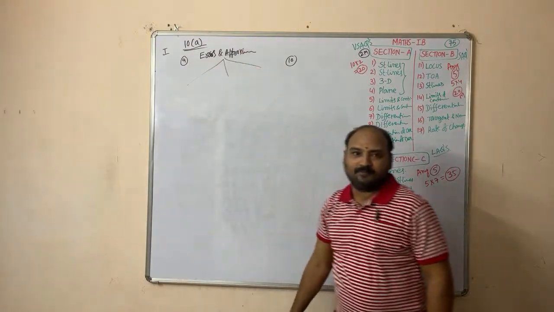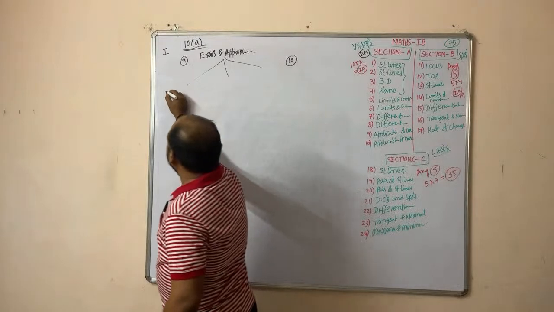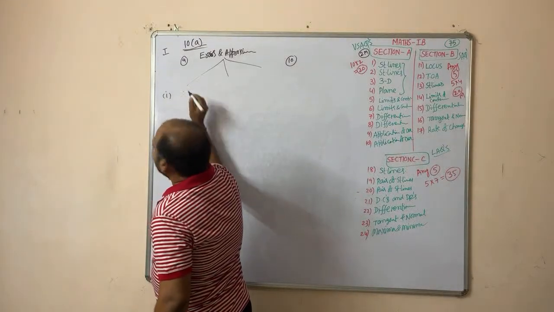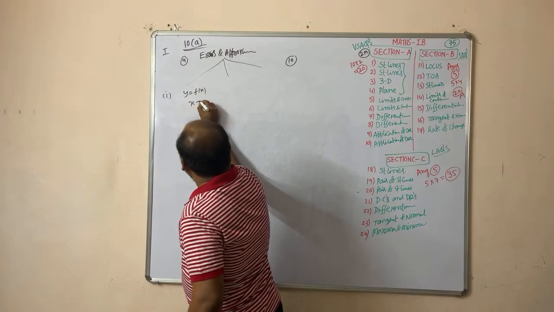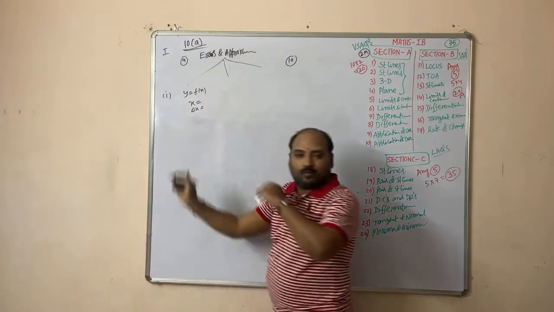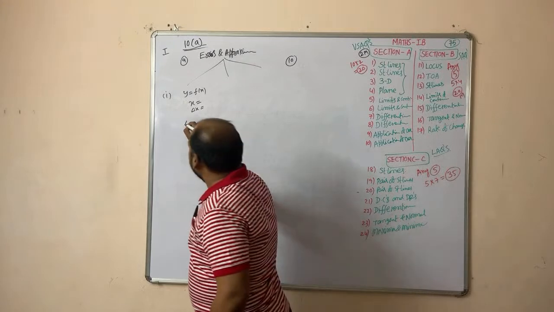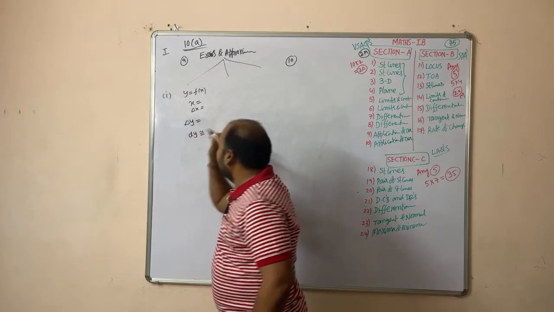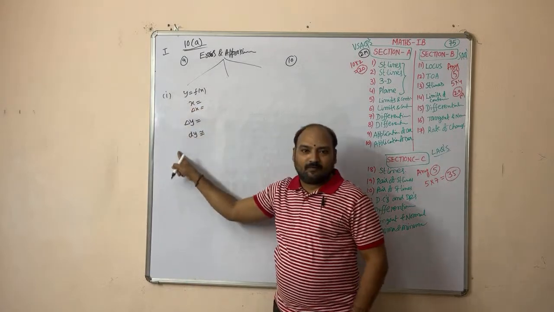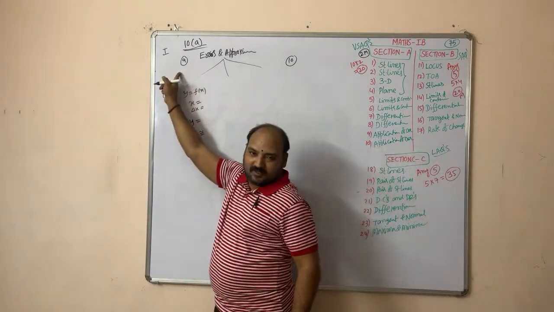In the first, they will give y is equal to f of x, and the delta x value also. They are asking to find delta y and also dy. This is the first possibility in question number 9.